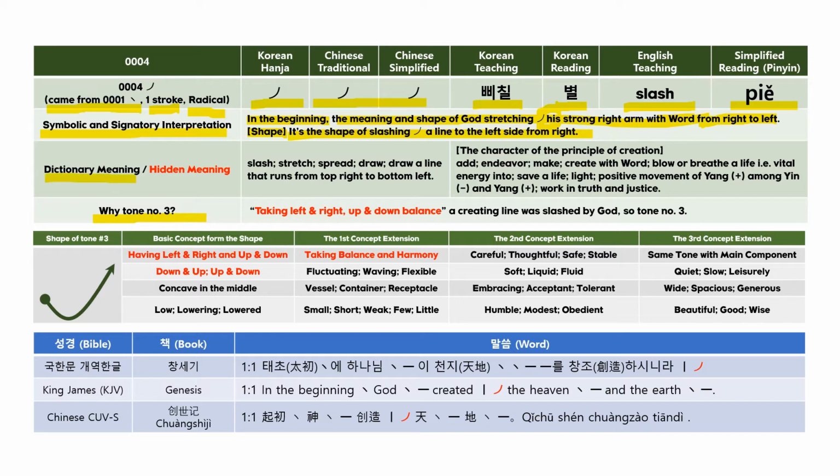Dictionary meanings. In many dictionaries in Korea and China, it's a slash, stretch, spread, draw a line that runs from top right to bottom left.